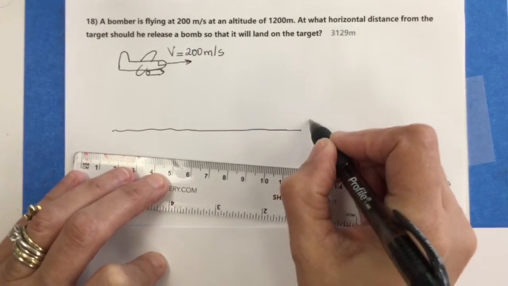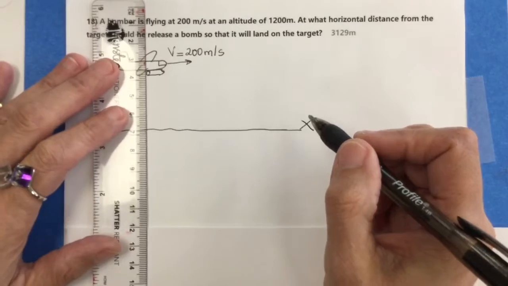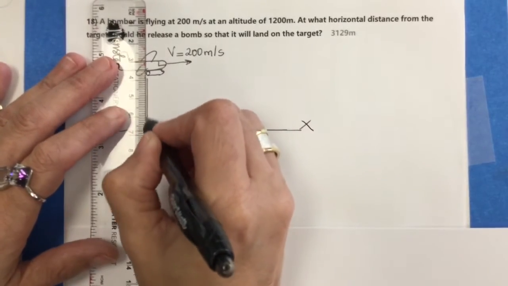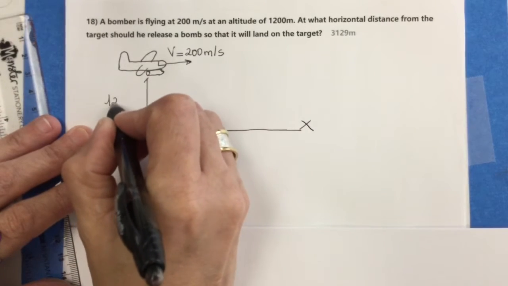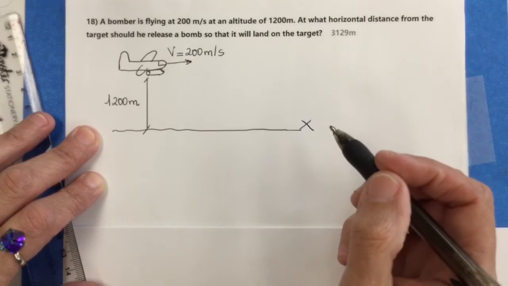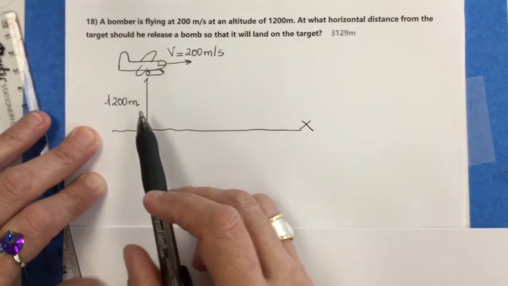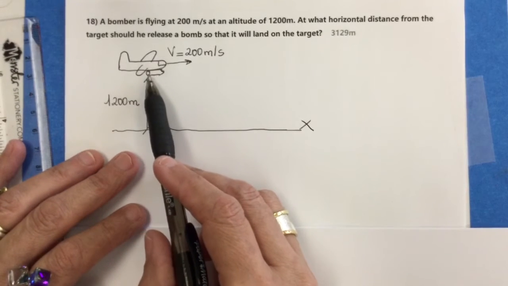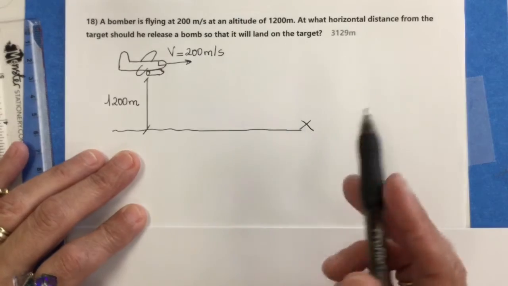So this is the target, and this airplane is 1,200 meters above the ground, and it's asking what is the distance the bomber should release the bomb so that it will land on the target.